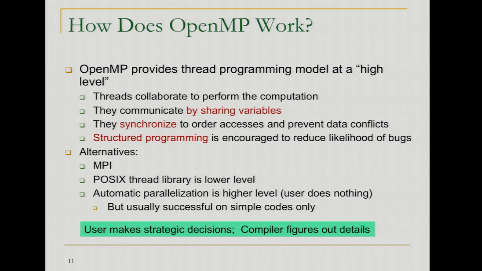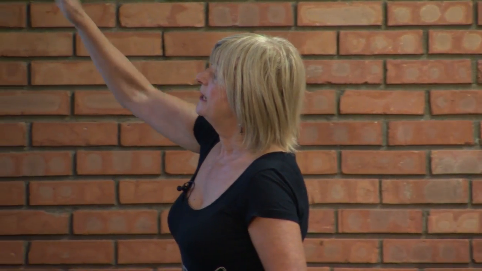So how do you communicate, if you want to think of it that way? Well, you just have shared variables, right? They read and write. However, you have to, of course, be sure that if you want to use some data that was created by one thread, that data is available. So you are going to have some synchronization to make sure that that happens. So that's the challenge.